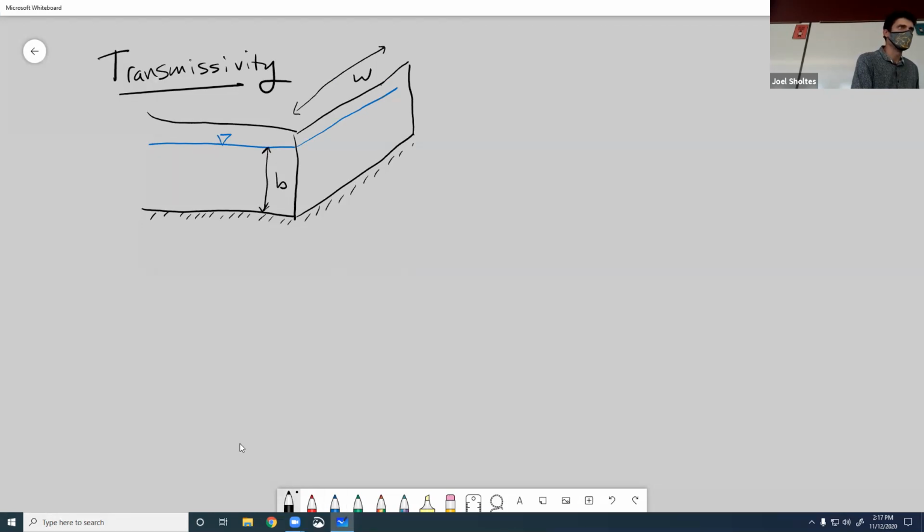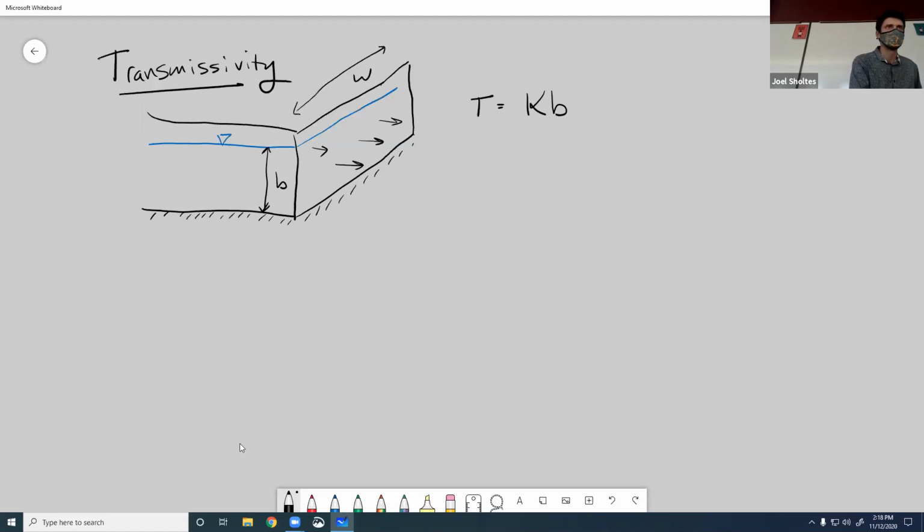B is going to denote the thickness of the aquifer up to the water table. And then for transmissivity, we're interested in kind of how much water is flowing through a unit area of this aquifer. T is equal to the big K times little b in this case.